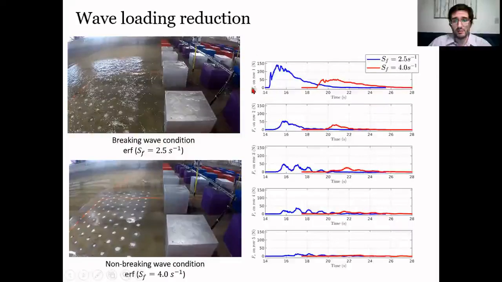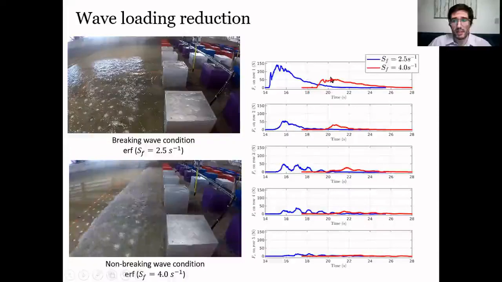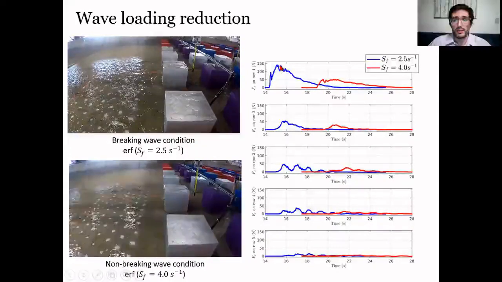In the first figure, you can see the loads on the first row, and as you go downwards, you see the loads are reduced, because the last plot corresponds to the load on the 5th row. In the other video, we can see a non-breaking wave condition, and it's represented by the line in red. As you can see, the magnitude of the load is less than the breaking condition, but it is reduced as you go further inland.